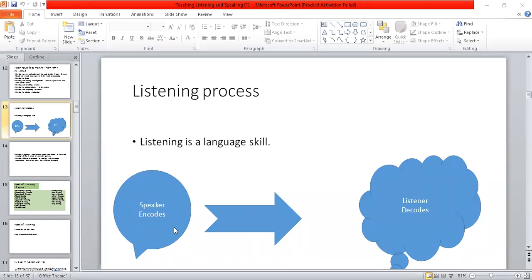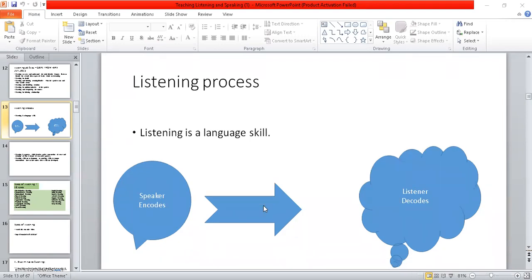Do we need them? Or can we just have the speaker and the listener and say that listening has taken place? No, ma'am, we definitely need them because, for example, without feedback, we won't even be sure that the receiver has understood the message we are to convey. So all of these elements are very important when the process takes place.